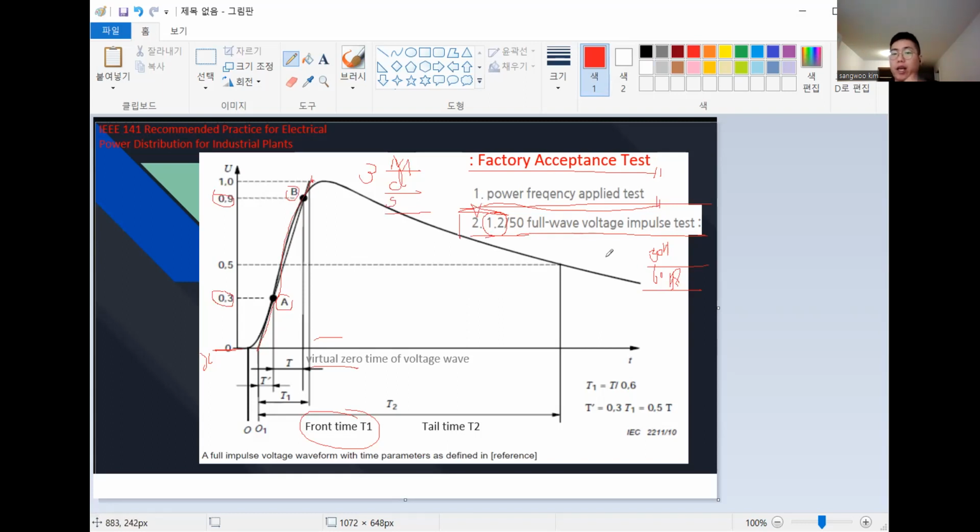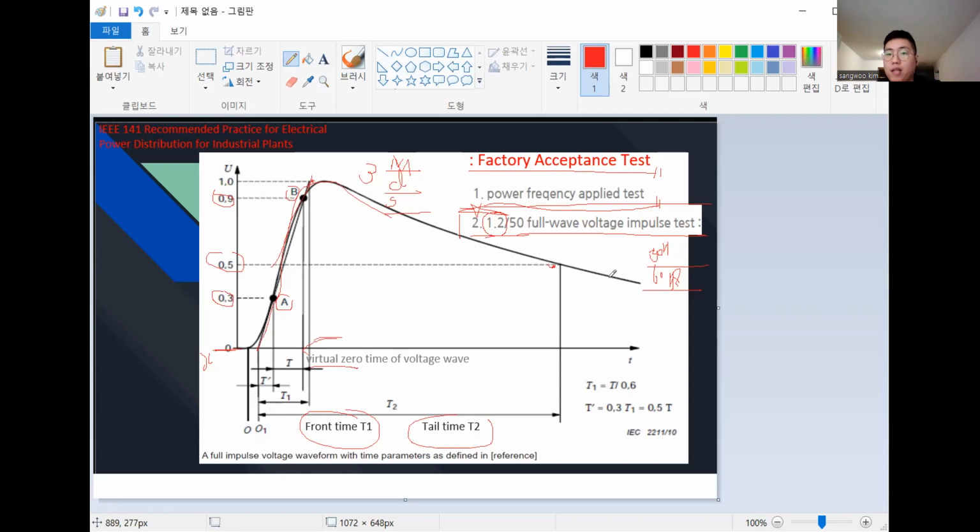So within the 1.2 microseconds, the slope indicates how fast it changes to reach the peak point. The second part is the tail time T2. From the virtual zero point to where it falls to 50% of the peak, it takes about 50 microseconds. We say this is the duration time. That's why this test is needed.